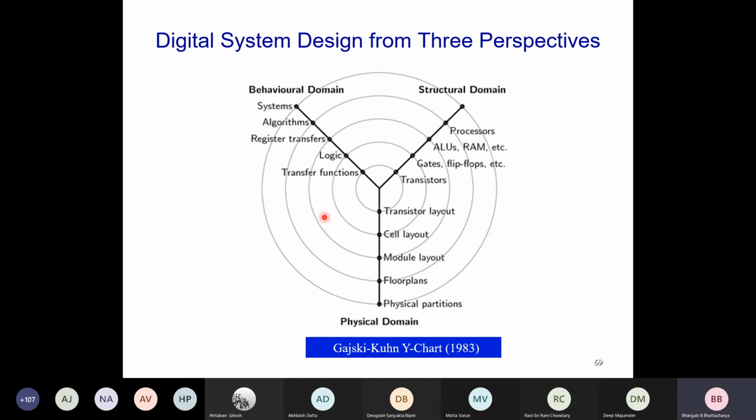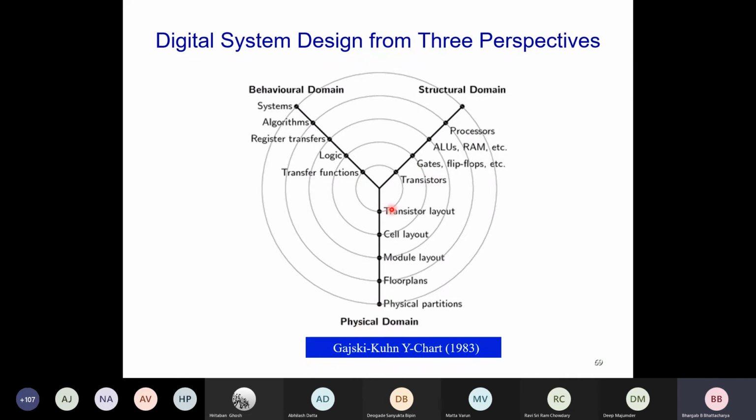Now this is a very important diagram. It shows 3 things: when you talk about digital system design, or in particular a processor design, you can view the design process from 3 perspectives. One is called the behavioral domain, another the structural domain, and the other the physical domain.